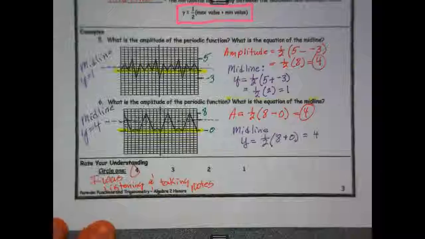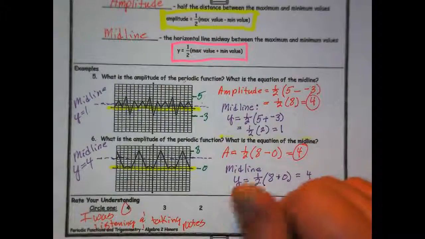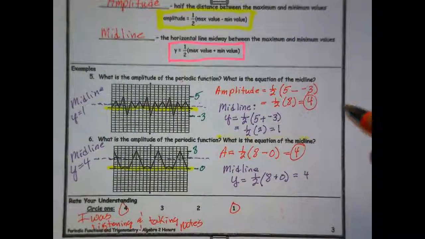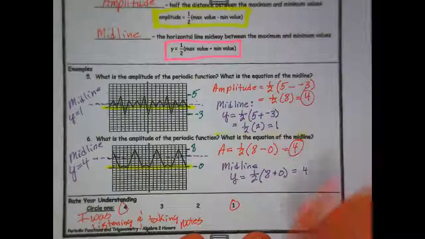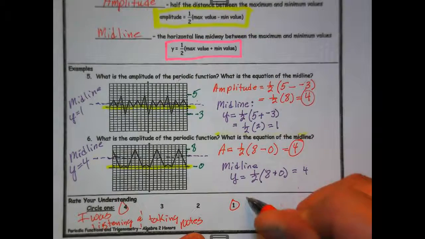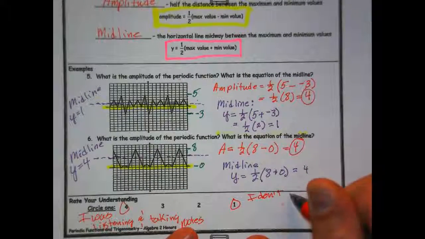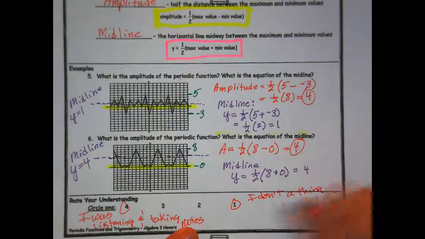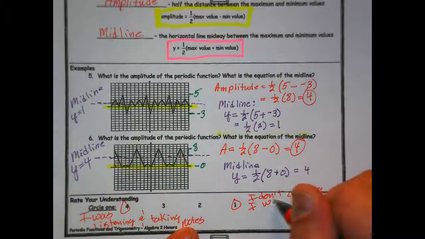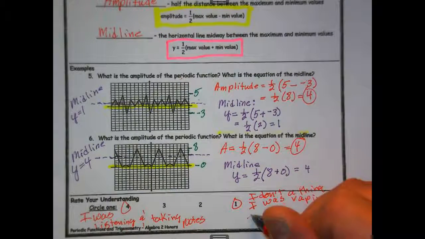I'm a disciplined, well-motivated student. Or it could be a 1. A 1 would be, I don't know a thing. I was vaping. Or I wasn't even here. I went to the pool room with toilets.